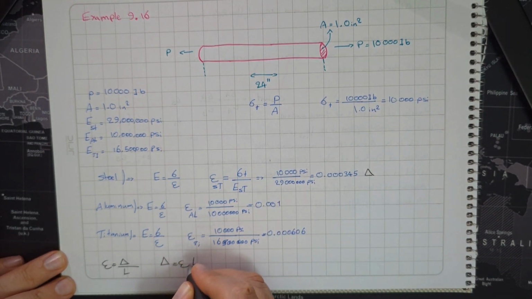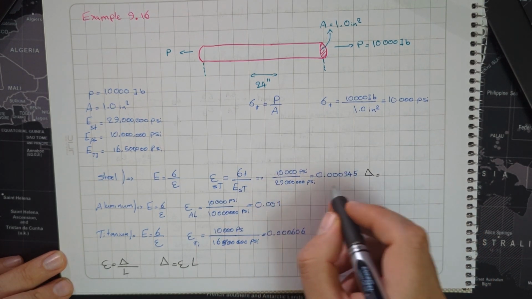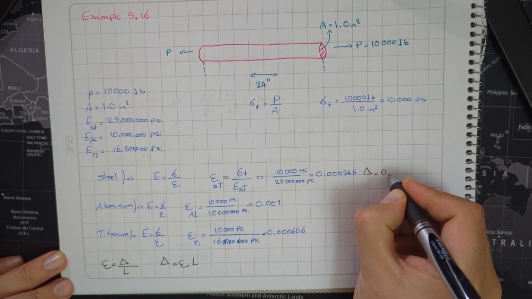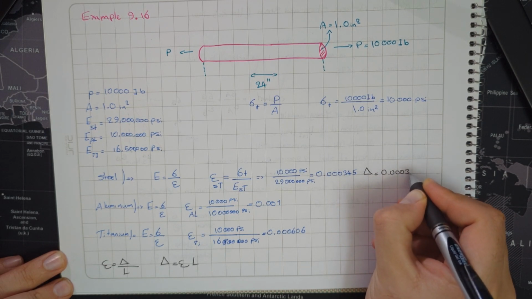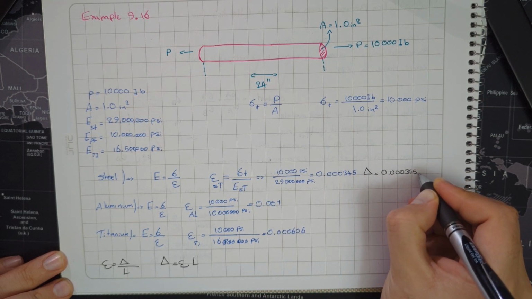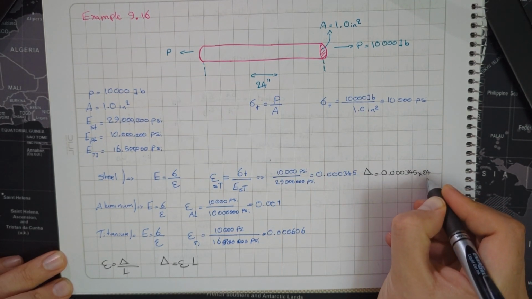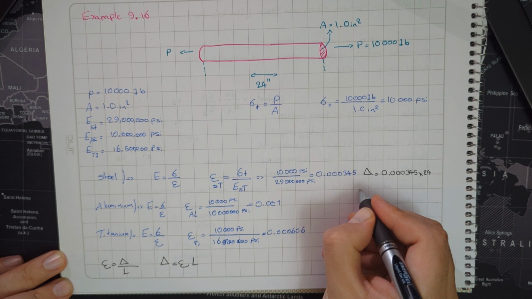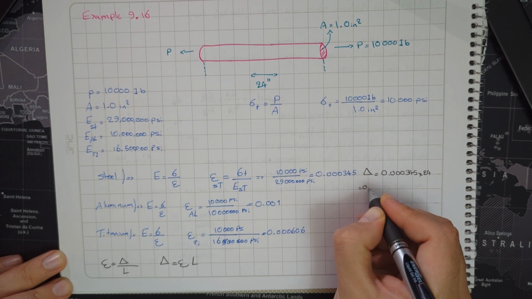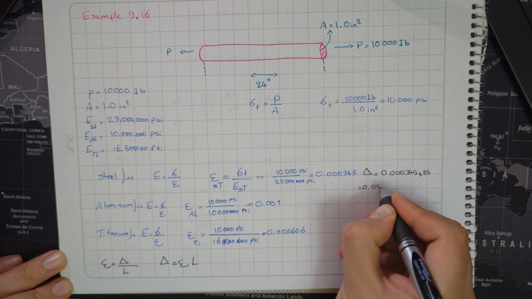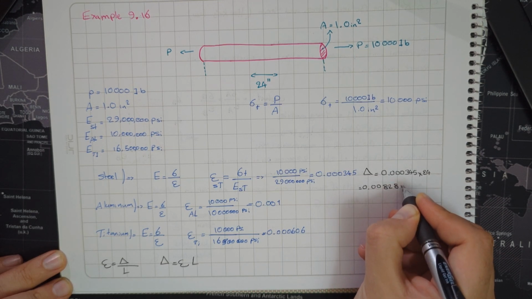Okay, for aluminum, delta equals epsilon times L. Epsilon, which is 0.000345, times L, which is 24, equals 0.00828 inches.